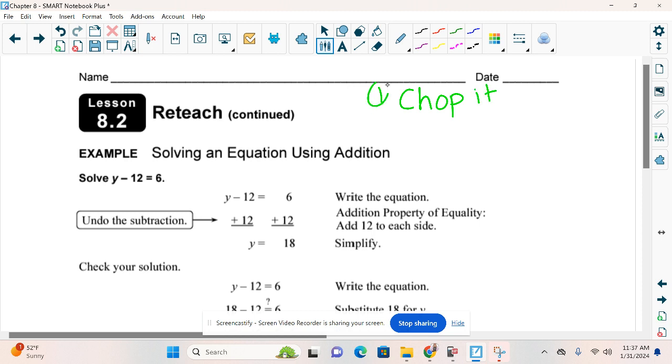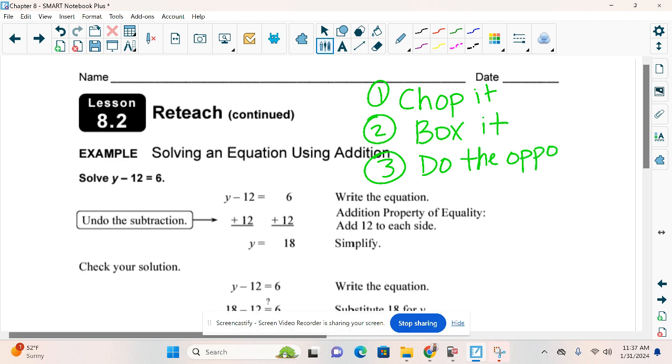That's step 1. Step 2 is going to be to box it. And then step 3 is going to be do the opposite. We're going to chop it, box it, do the opposite, and try to make it where it rhymes for you.